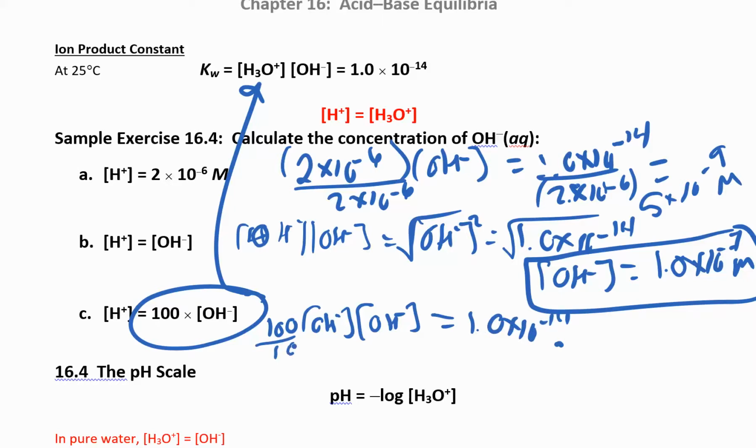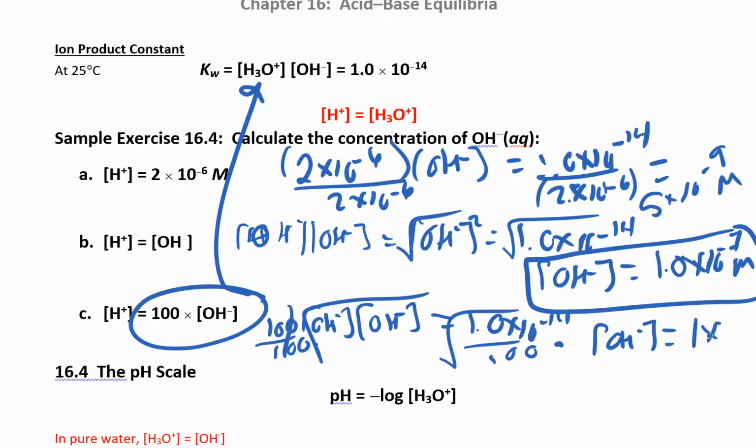So I can divide this by 100, that cancels that, and then I take the square root of both sides because I just want to solve for hydroxide, and you get a hydroxide ion concentration of 1 times 10 to the negative 8 molar.